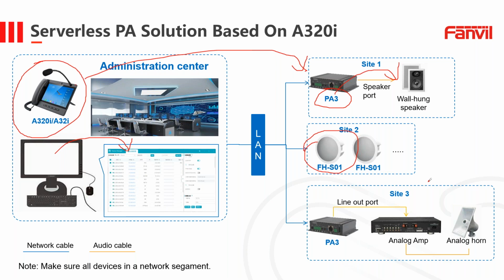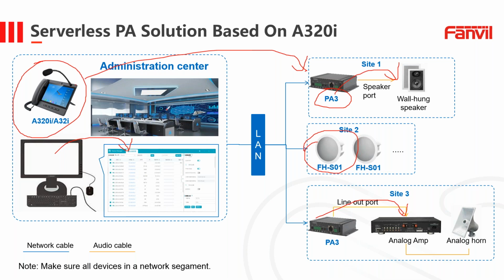And for example, in other scenarios like outdoor public areas, where you need many speakers to play sound at the same time, you can use our paging gateway to connect an amplifier, and use the amplifier to drive one or more analog speakers. So this one can be regarded as a region.